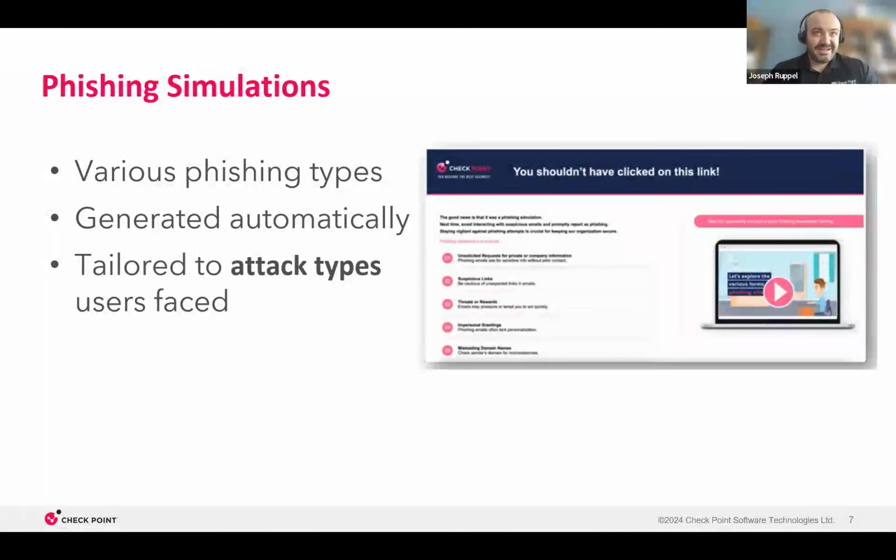And we take that data and use it to tailor our quote unquote phishing campaign against your users. So if they see a whole lot of credentials phishing, then our attacks won't be all of them, but many of them will lean towards a credential harvesting attack.